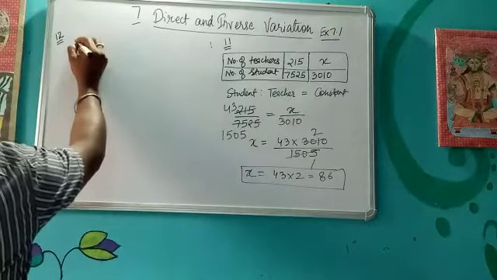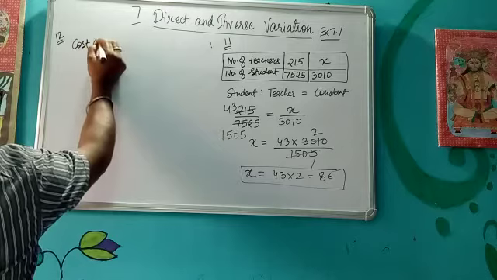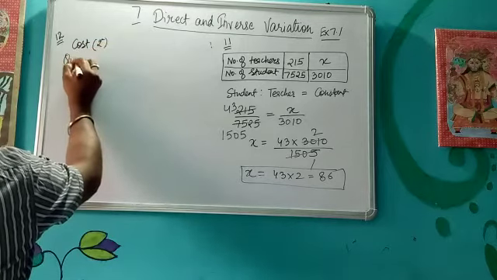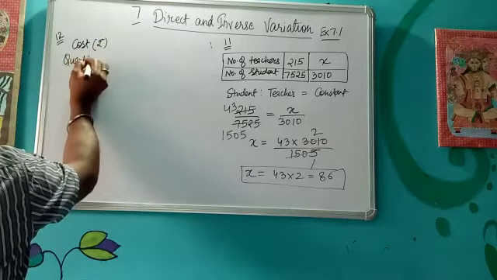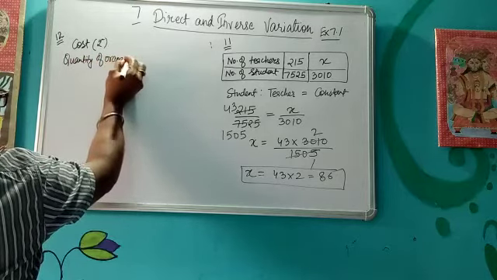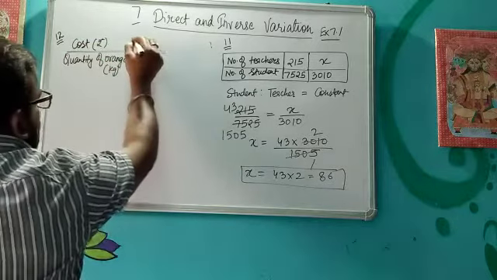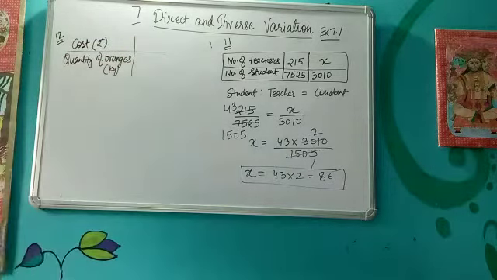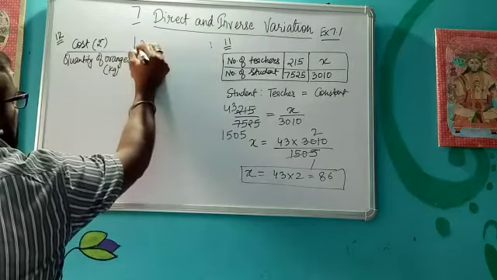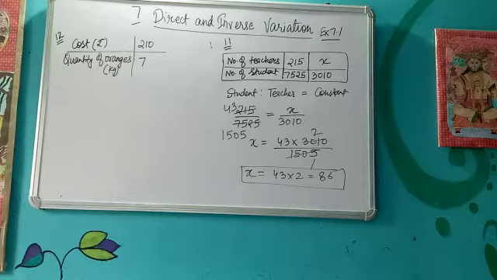So we will write it like this. Cost will be in terms of rupees and quantity of oranges, it is in terms of kg. So when the cost is 210, we can buy 7 kg of oranges.